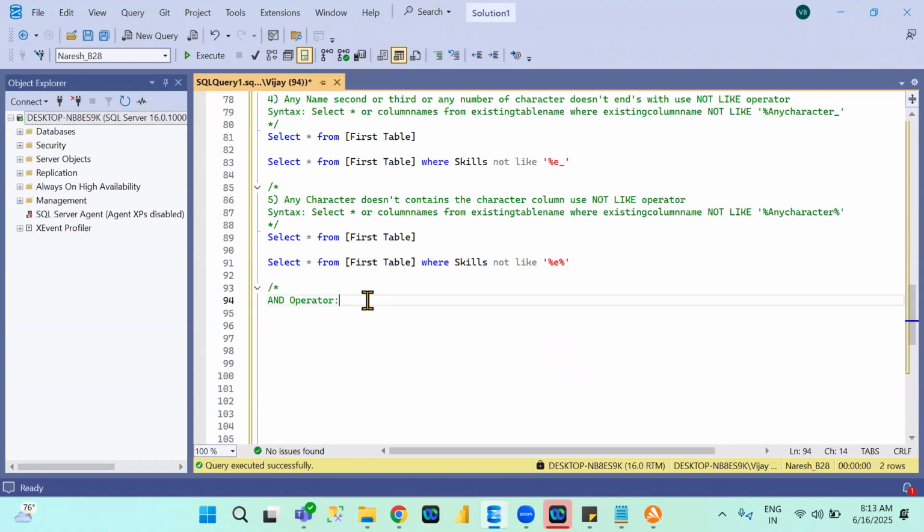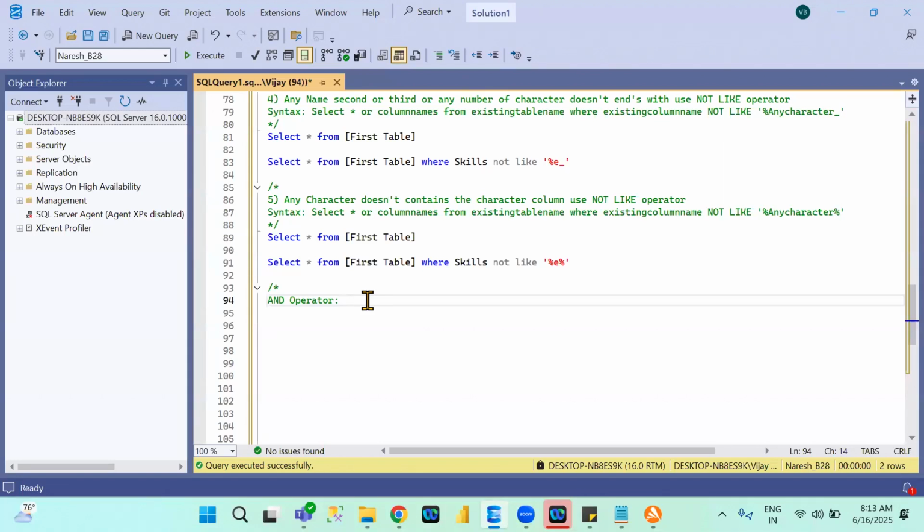What is AND operator? AND operator means, if all the conditions are satisfied, then only the select statement will return the result. If any one condition is failed, then select statement will return only the structure of the table.